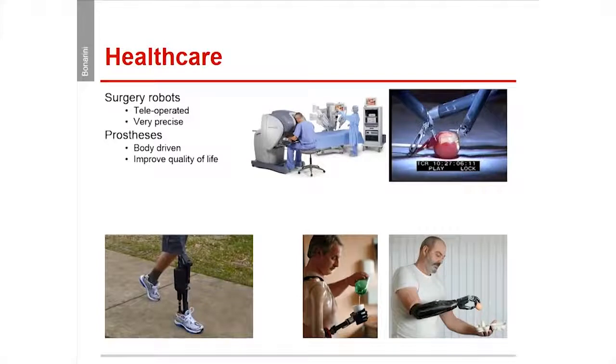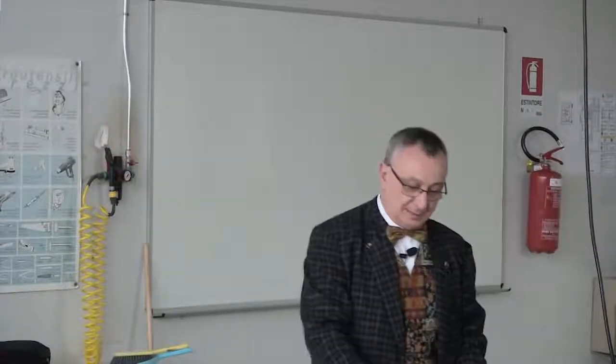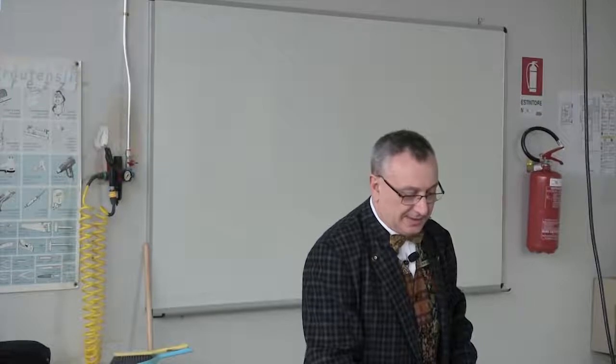But they are teleoperated. Then we have prostheses. They are usually body-driven. So the sensors in this case take information from the neural or the muscular activity of the body and move parts that are missing in the body of somebody, as in this case here.